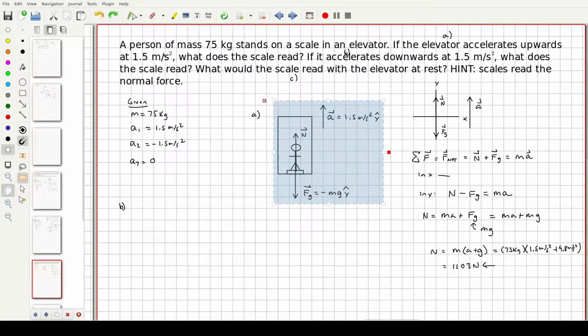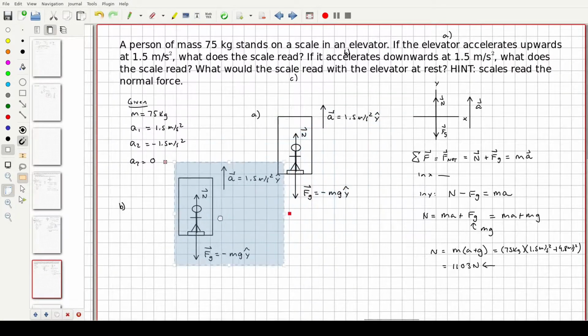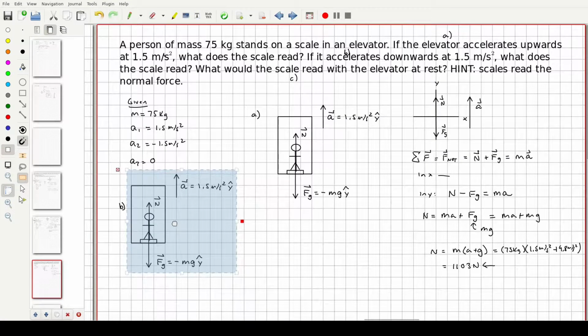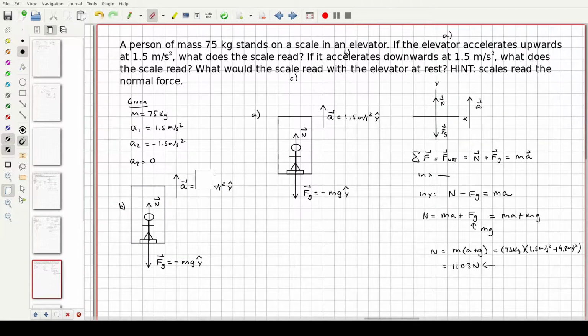Just like that. Copy, paste, move it over here. Like I said, the acceleration's changed. So let me whip out my eraser and fix that. Like that. There, now it looks the same.